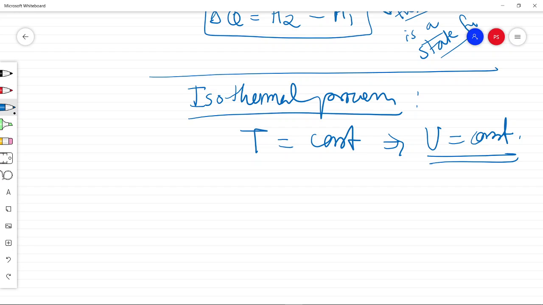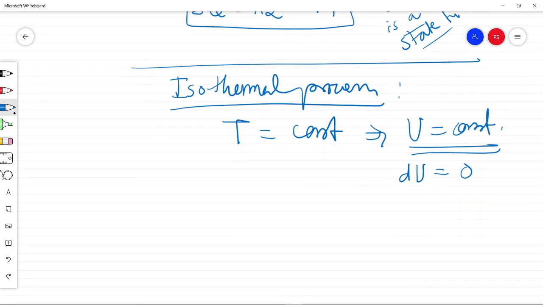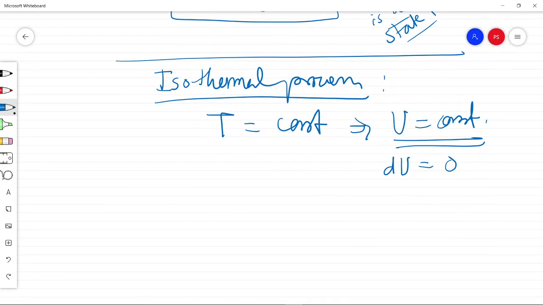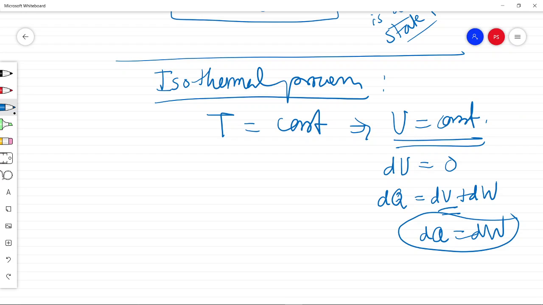So since U is constant, dU is 0. And from the first law, dQ is dU plus dW. So since dU is 0, dQ is equal to dW. This is what we have for the isothermal process.